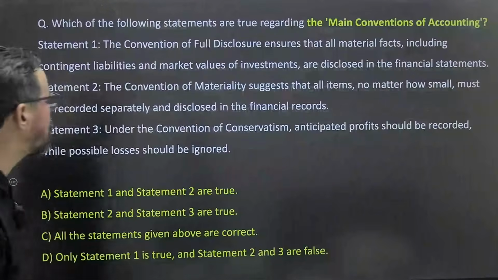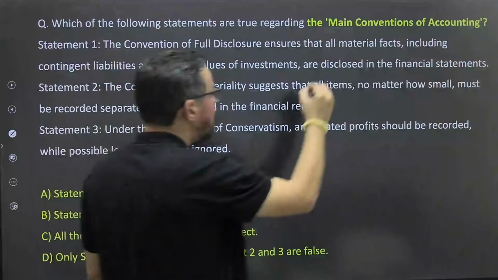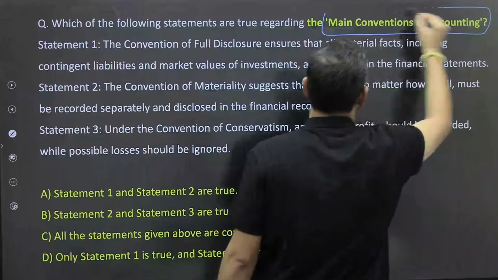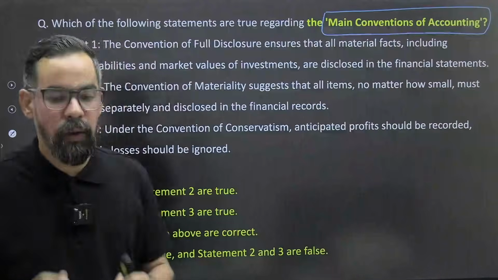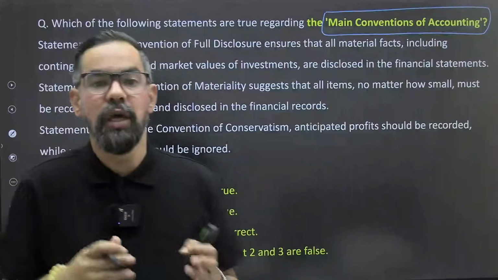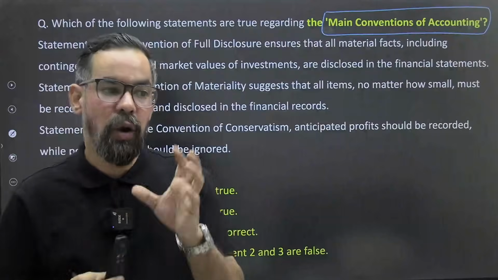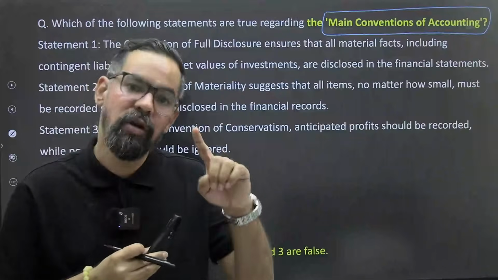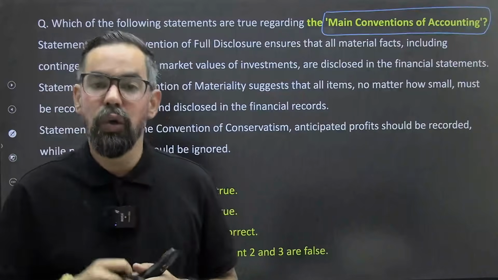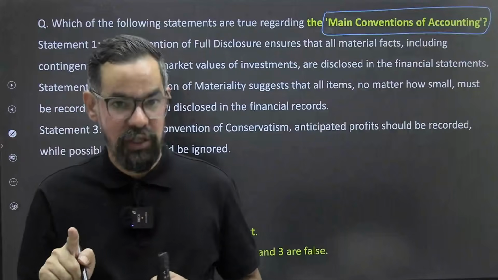Right. Sure. Next one: main conventions of accountancy. As I told you, while you record things, you have to apply the concept. While you record a machine's value in your book, you have to apply the cost concept, or you will only record anything which has financial character.